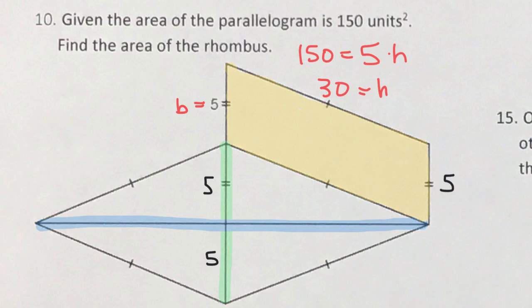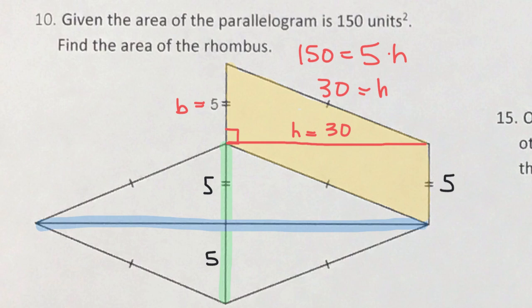So this is not the height for your parallelogram. The height of your parallelogram has to be perpendicular to your base. This is the height of your parallelogram. It must be perpendicular to your base.